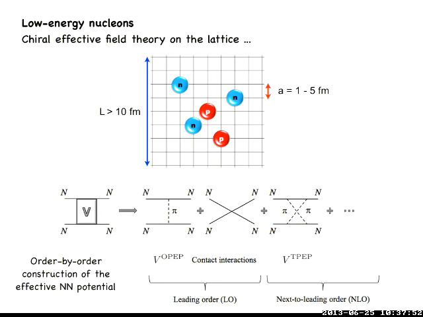So we have a systematic expansion in the momentum of the particles, for example, right? So at leading order, we would have, for example, a 1 pion exchange interaction and some contact terms, and then at next to leading order.